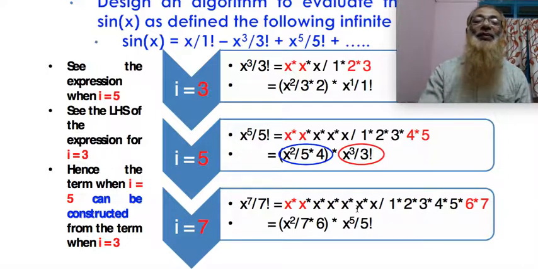And armed with this relationship, each of these terms now has two portions. One portion can be generated just from the value of I. Value of I indicates the power of x.